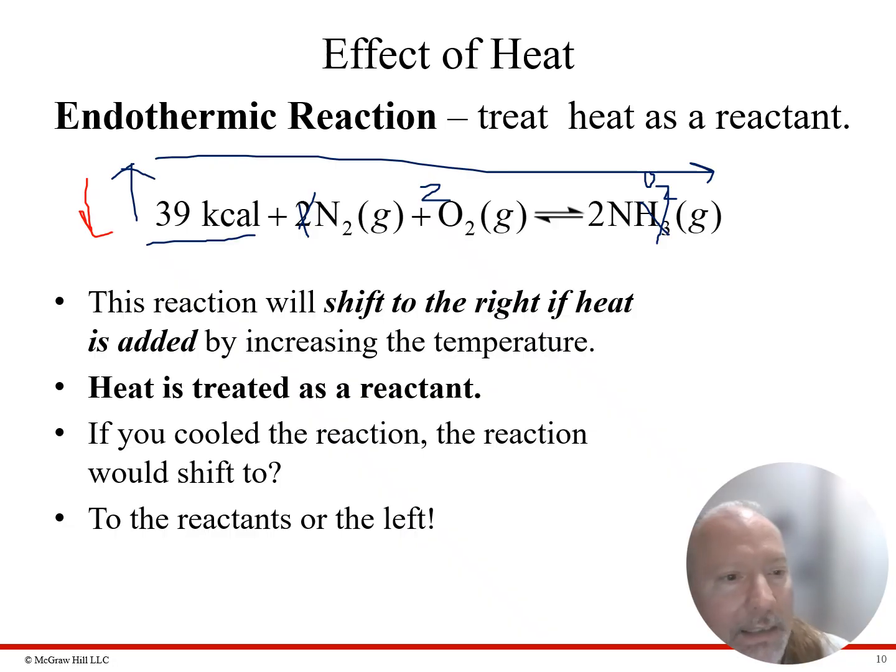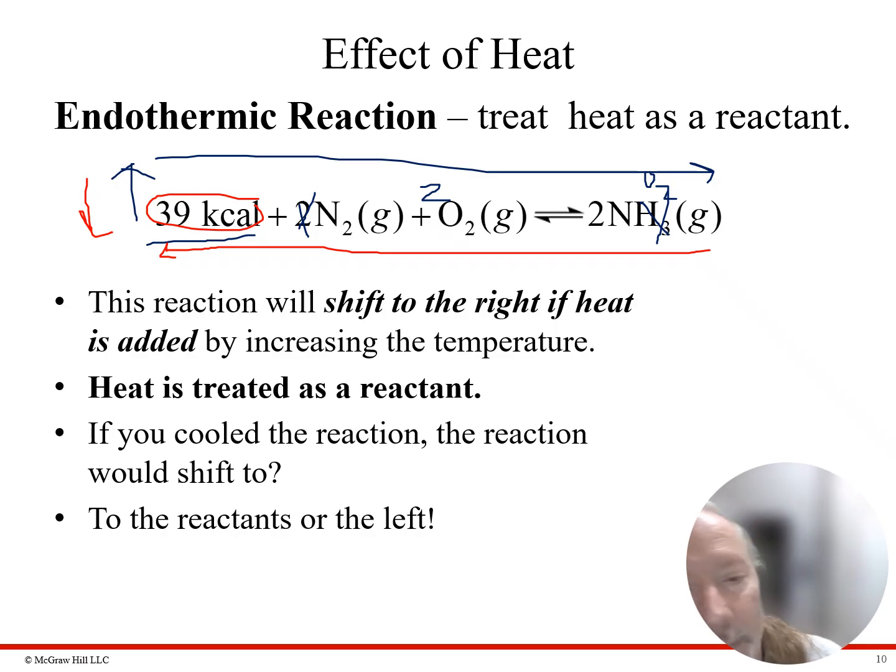So if we take out the heat, what's going to happen is the products are going to unform to make reactants, and it's going to go this direction because we're taking away a reactant. We're removing some of the heat, and therefore we're shifting the product back to the reactant where some heat can be liberated. So the reaction will shift to the right if heat is added, but if you cooled the reaction, it would shift to the left.